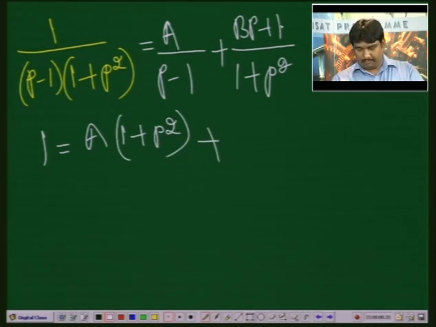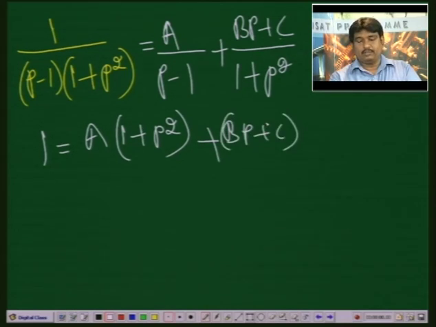Okay, it's not bp plus 1, it's one more constant, bp plus c. We have to find 3 constants here, a, b and c. So when you take LCM, you will get 1 as a into 1 plus p square plus bp plus c into p minus 1.